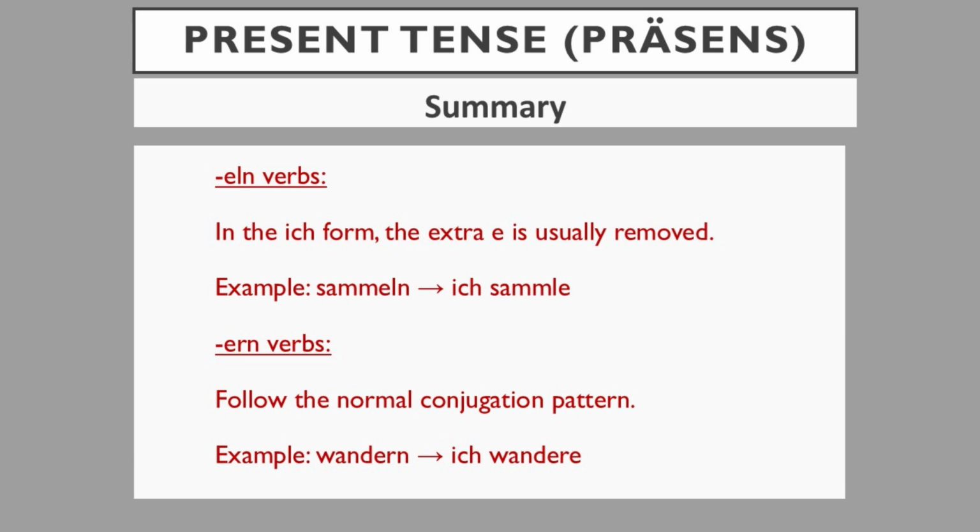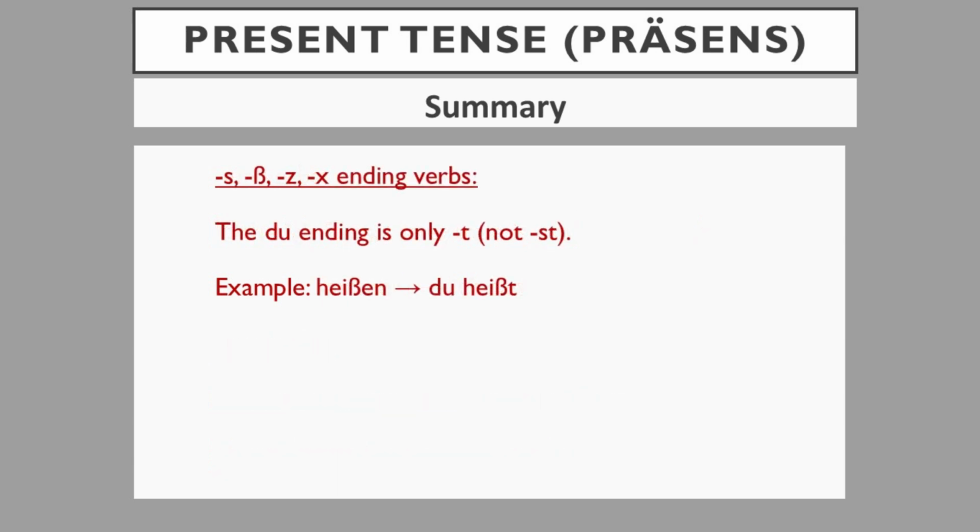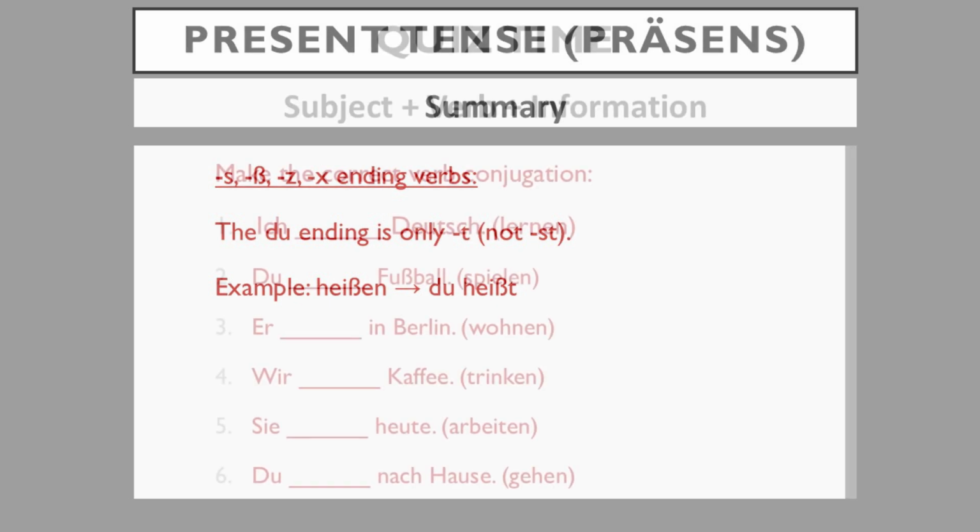Example, wandern becomes ich wandere. S, ß, z, and x ending verbs, the du ending is only t, not st. Example, heißen becomes du heißt. Remember, practice using verbs in real sentences to speak German confidently.